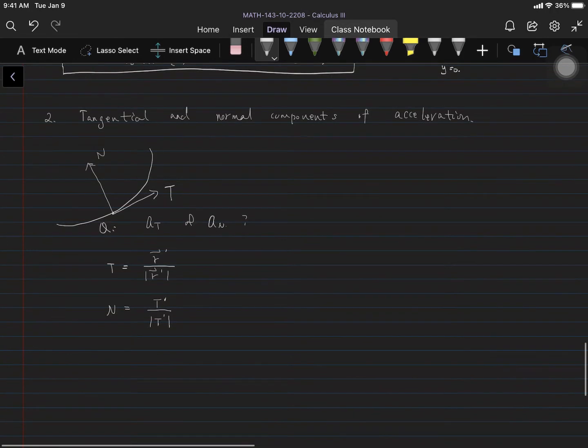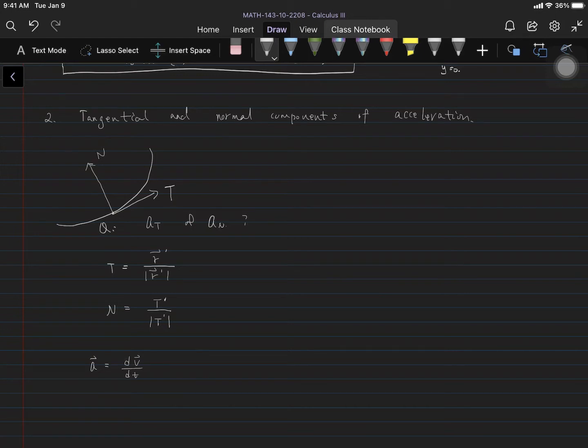Now let's take a look at acceleration. Acceleration equals what? Okay, so acceleration a equals dv/dt.